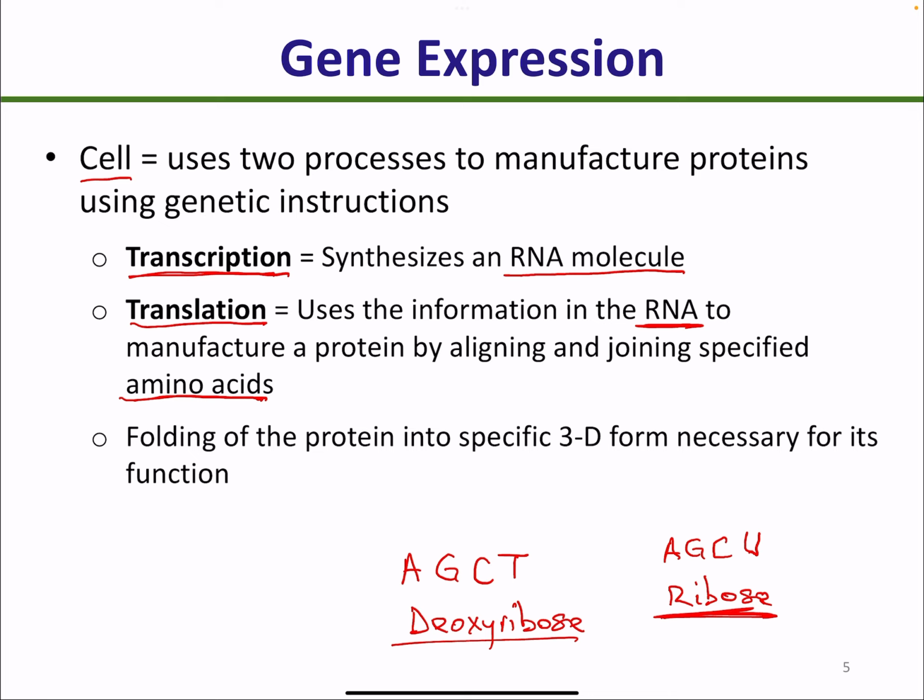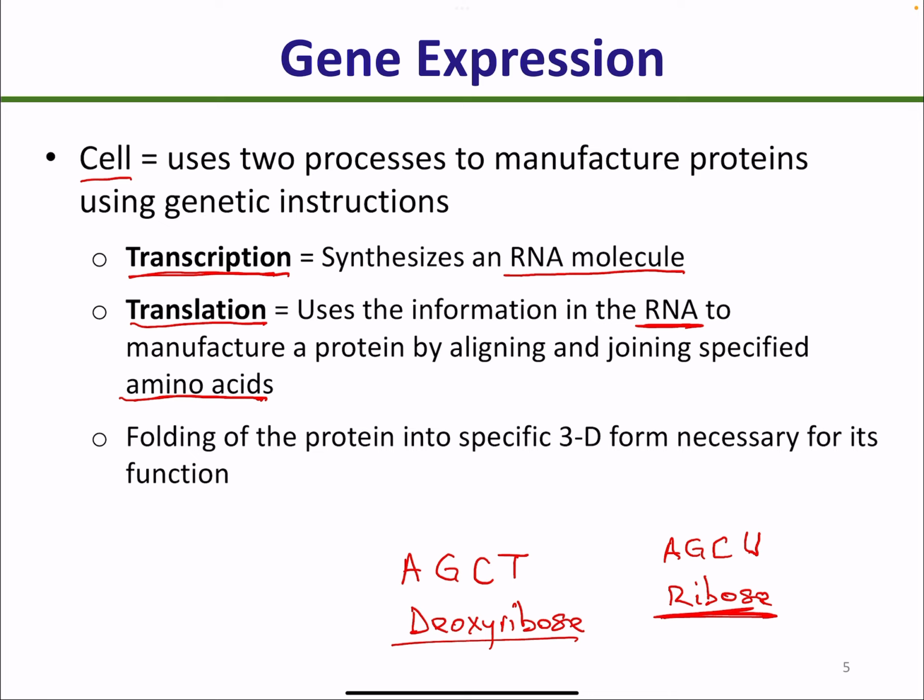If a protein is not properly folded in its three-dimensional shape, that protein will not be functional, right? So this is the reason why the integrity of proteins in terms of shape can affect their function.